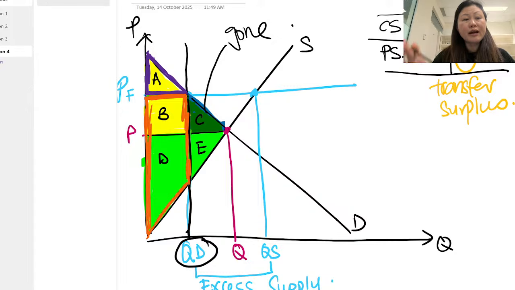Having less product or goods in the market means that consumers in sector C are left without a good.